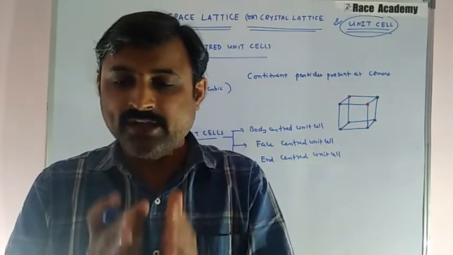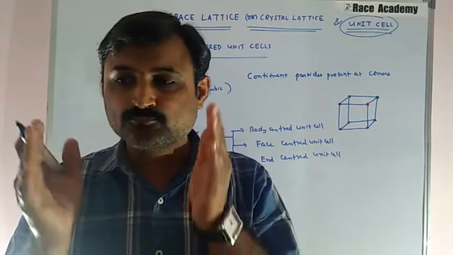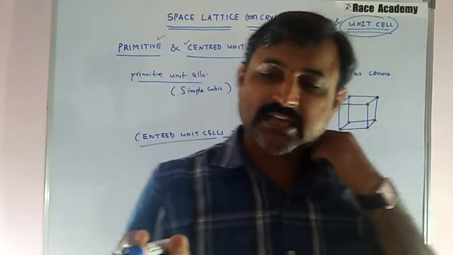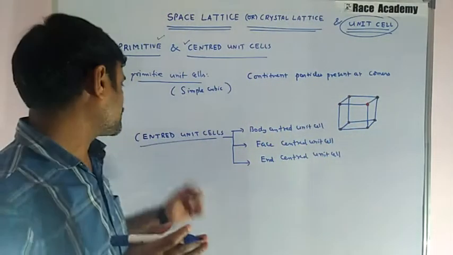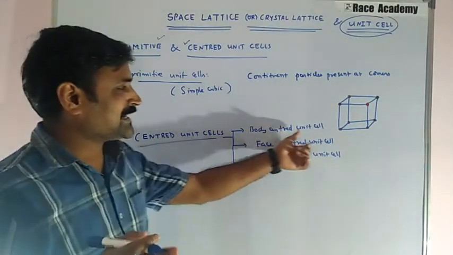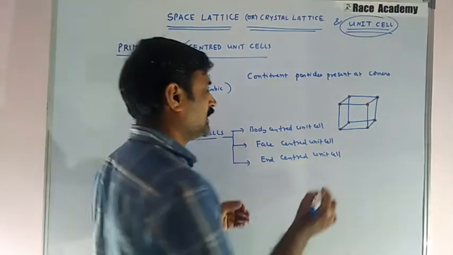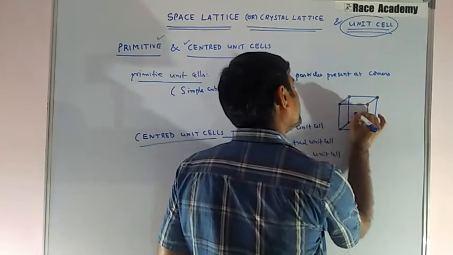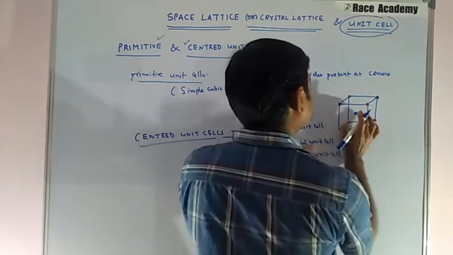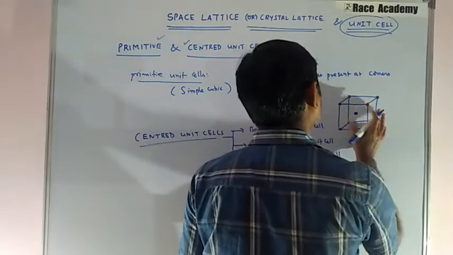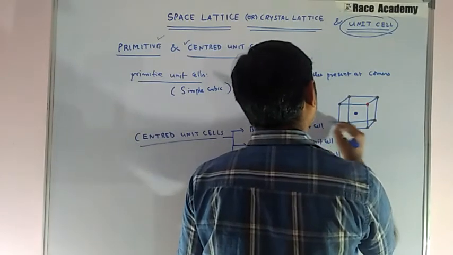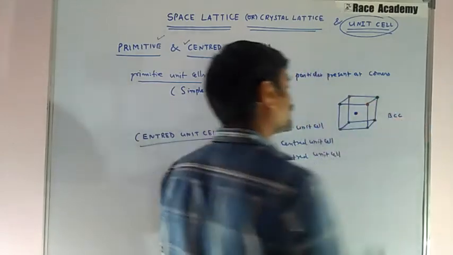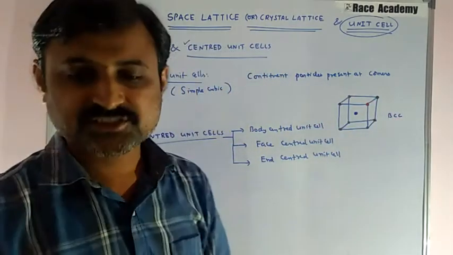Such unit cells are called body centered unit cells. When I write one point here, at the intersection of all the diagonals of this cube, this is called BCC.